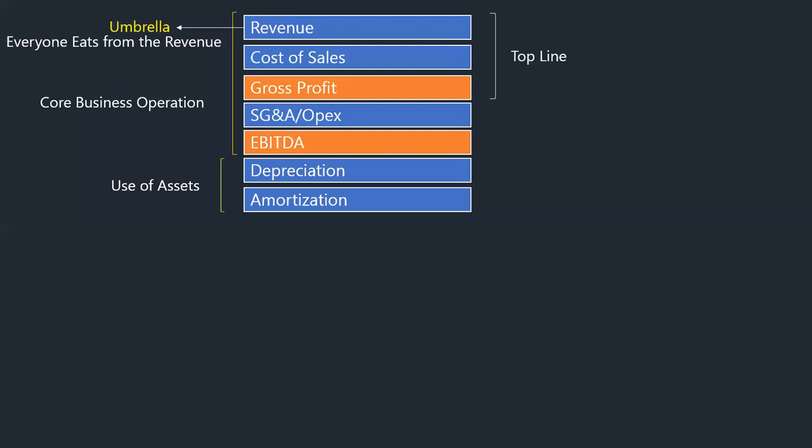So at times, analysts get this wrong. We know that accountants at times put depreciation in the cost of sales, especially for a manufacturing firm. We also put depreciation in SG&A. From an analyst's point of view, as I said, every line item in our model must have a clear driver.